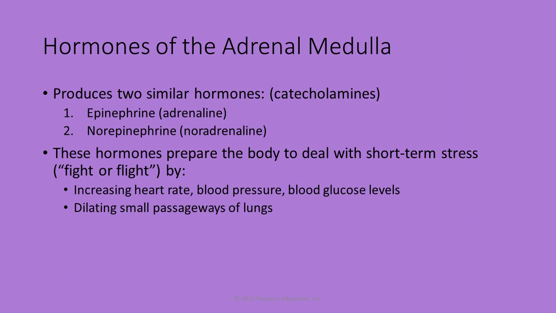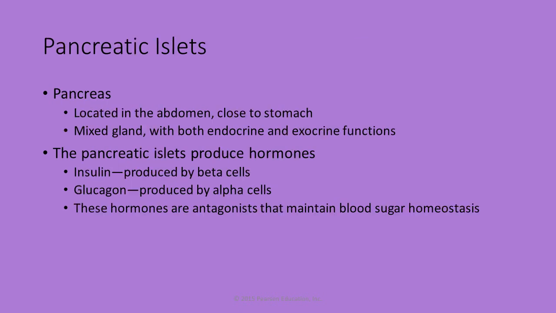The adrenal medulla produces two hormones that are very similar in their action, epinephrine and norepinephrine. These are stimulated by the sympathetic nervous system and are involved with helping some of the characteristics you see with that fight or flight, increasing heart rate, blood pressure, increased glucose levels, etc.